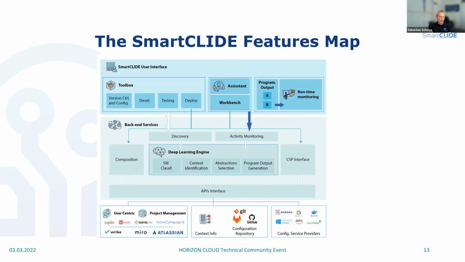And then in the background, we have several backend services in the middle, and you will hear much more details about this: the deep learning engine, but also services for composition, discovery of services, and also the activity monitoring of the developers. And at the bottom, you can see that our aim is not to reinvent the wheel and build another Git, but to use existing tools and integrate them into our SmartCLIDE solution using an API interface.